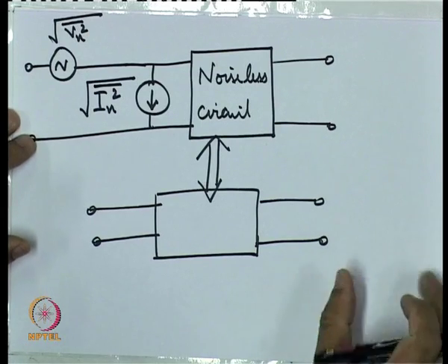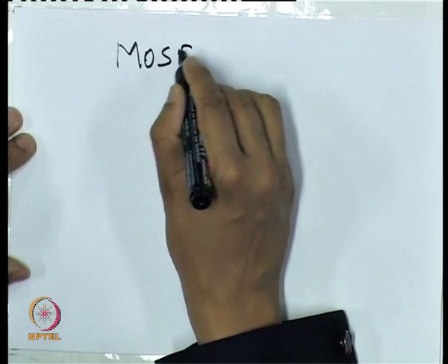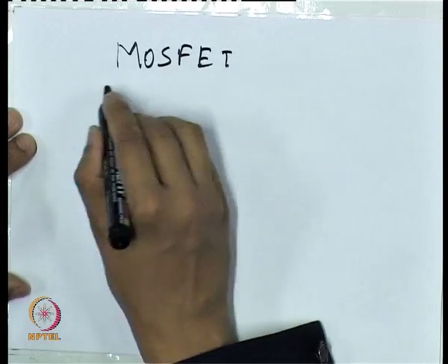For example, we can take up various noisy devices like a MOSFET. Let us see a simple MOSFET, which is an active device and has some noise associated with it.